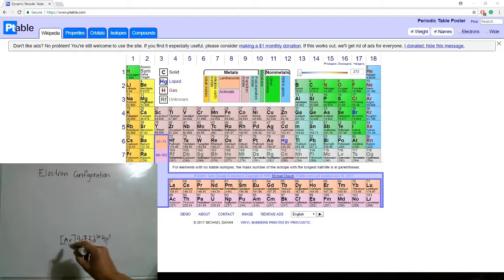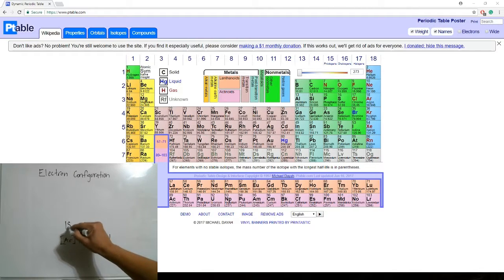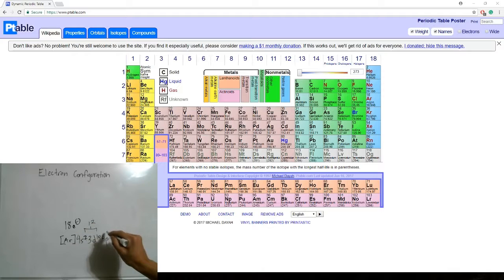So argon has 18 protons, which means there are 18 electrons. 18 electrons in argon. Now let's count off the rest of them. There's 2 here, 10 here, that's 12, and then 1 over here, which makes it 13 electrons. So this equals 31 electrons.